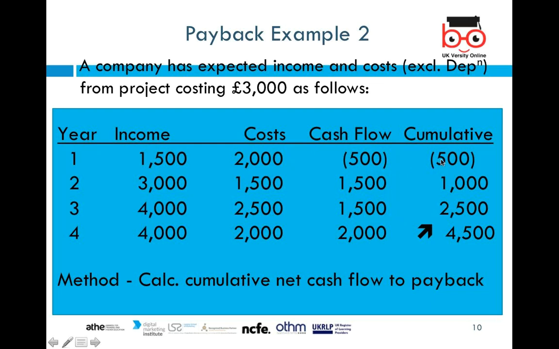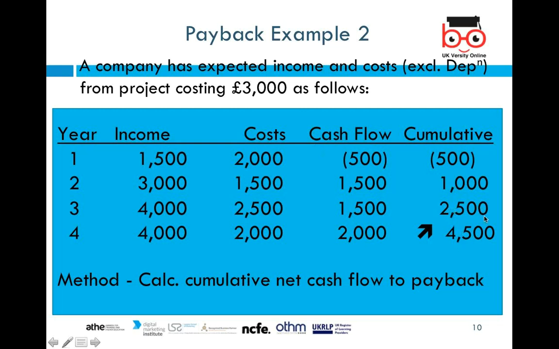And then cumulative cash flow is the previous cumulative figure plus the current year's cash flow, because here is 1,500 and that's negative 500. Then 1,500, and last year is 1,000, that's 2,500, and then 2,000 because we are expecting the project costing £3,000.